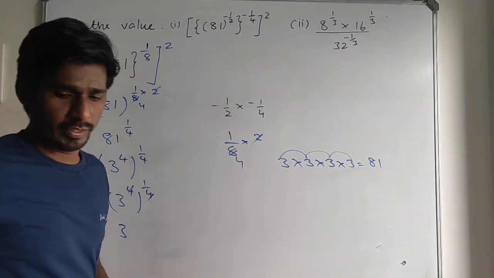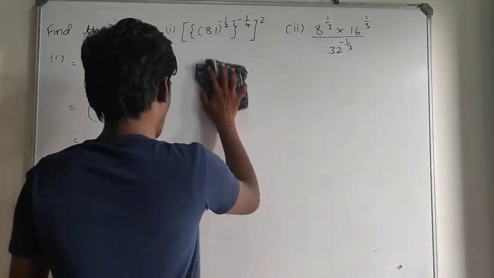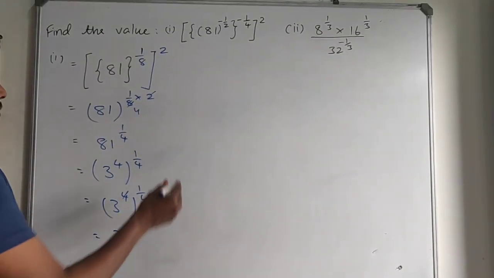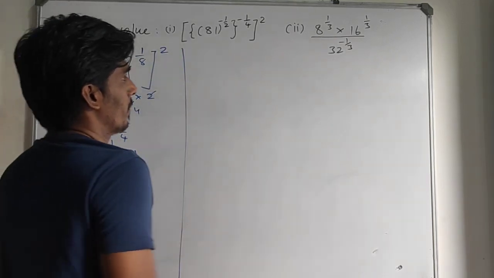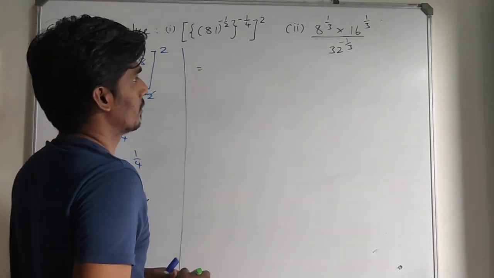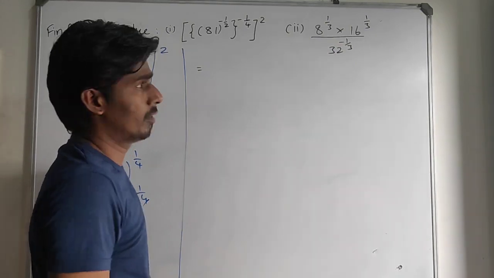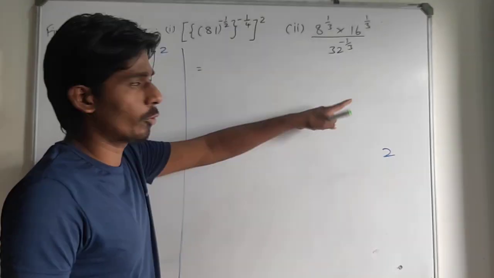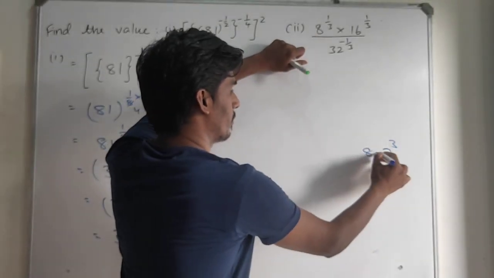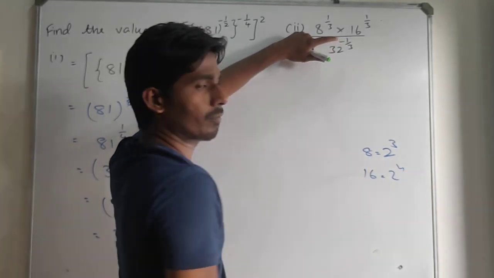Similarly we can solve this one. Now here, if you look at all the numbers, 8, 16, 32, all these numbers can be converted into 2, all in the form of 2. 8 means 2 raised to 3. 16 means 2 raised to 4.